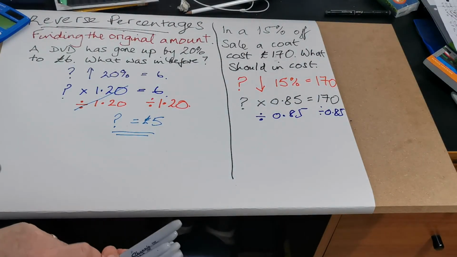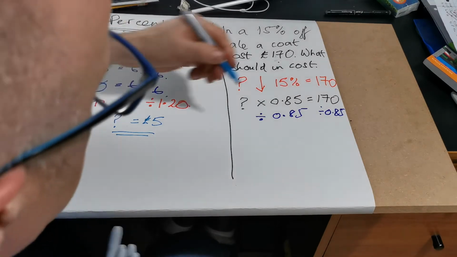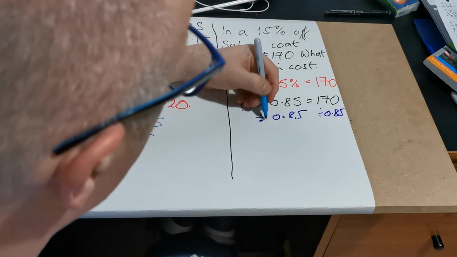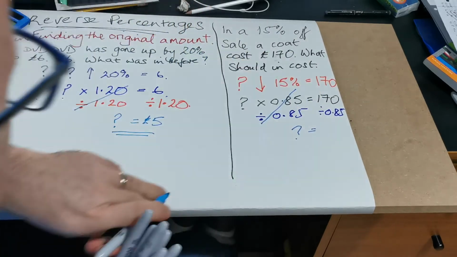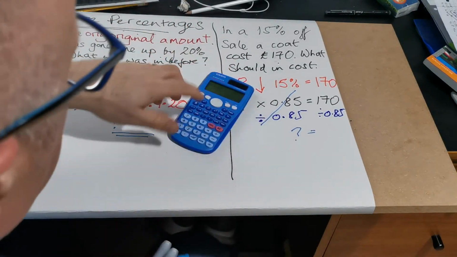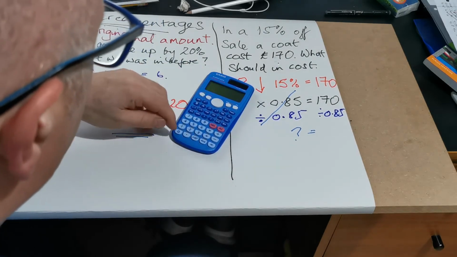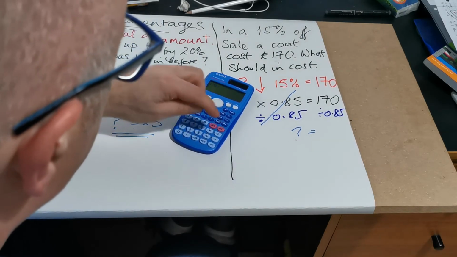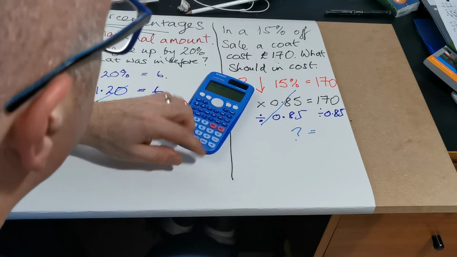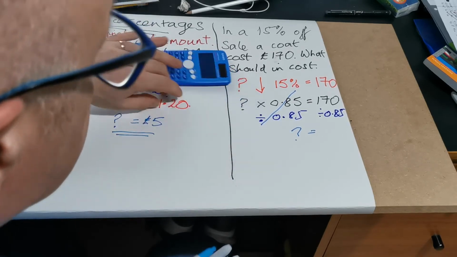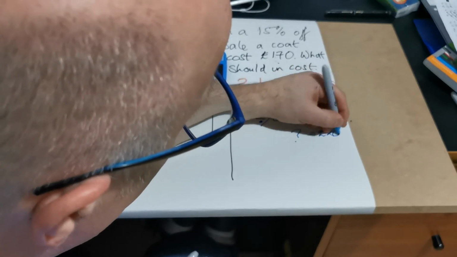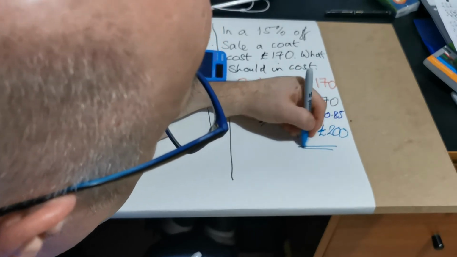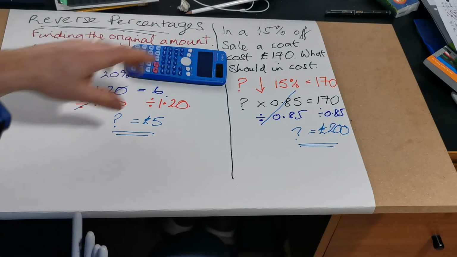So the idea of the inverse operation, cancelling that out there, so I get my question mark is left with 170 divided by 0.85, which gives you £200. And that's what the coat would cost if it wasn't in the sale.